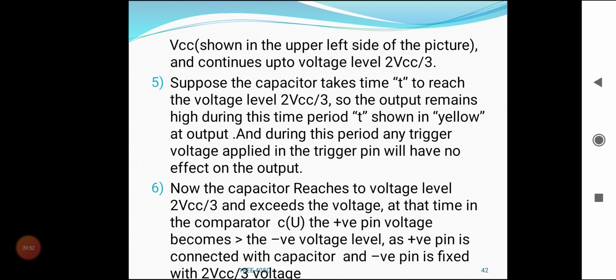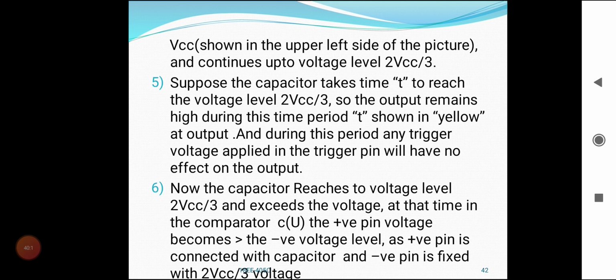Suppose the capacitor takes time t to reach the voltage level 2 by 3rd VCC. So the output remains high during this time period t, shown in yellow at the output. And during this period, any trigger voltage applied at the trigger pin will have no effect on the output.